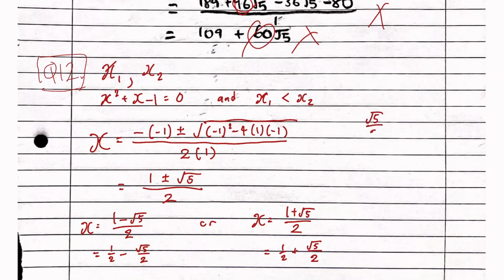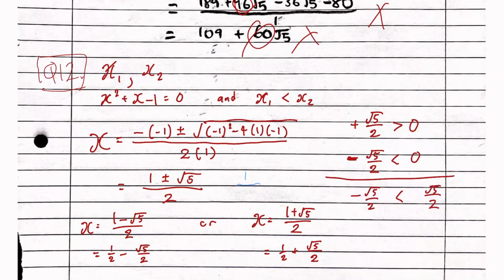Square root 5 over 2 is more than 0. Then if I have a negative square root 5 over 2, it must be negative, less than 0. Exactly. So what do you know about negative numbers versus positive numbers? They must be smaller. So in other words, negative square root of 5 over 2 must be less than positive square root 5 over 2.